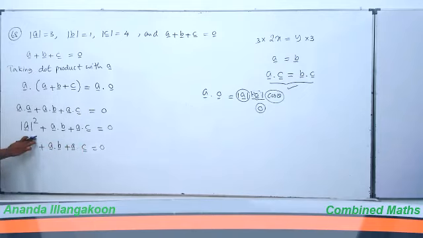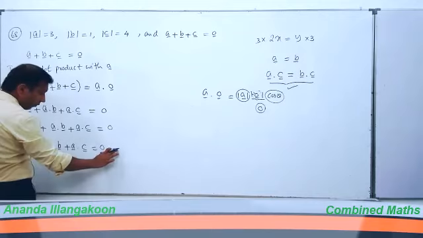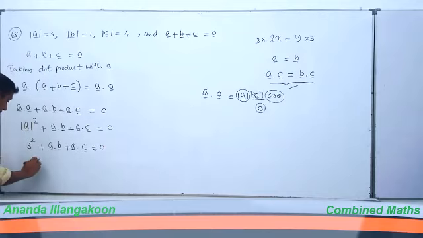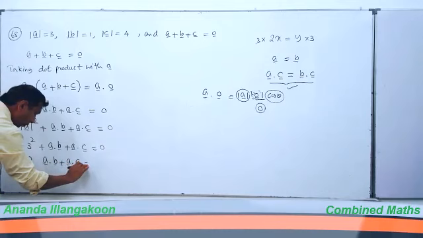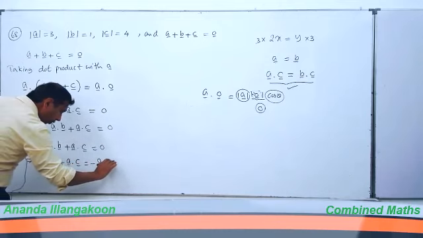Take this 9 to the right hand side, that is minus 9. Therefore A dot B plus A dot C is equal to minus 9. This is number 1.